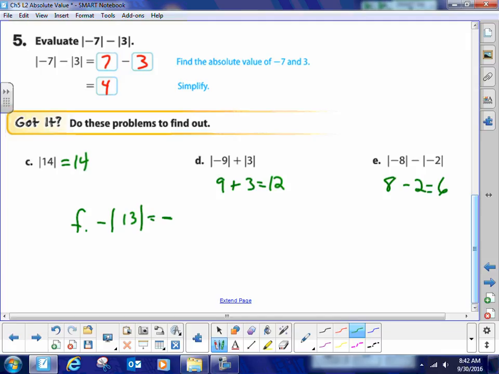So you evaluate, the absolute value of 13 is 13. You keep the negative, okay? Let me give you one more. There's another one they don't want you to get confused on. You evaluate inside the absolute value sign first, keep the negative. Okay? All right. That's all there.